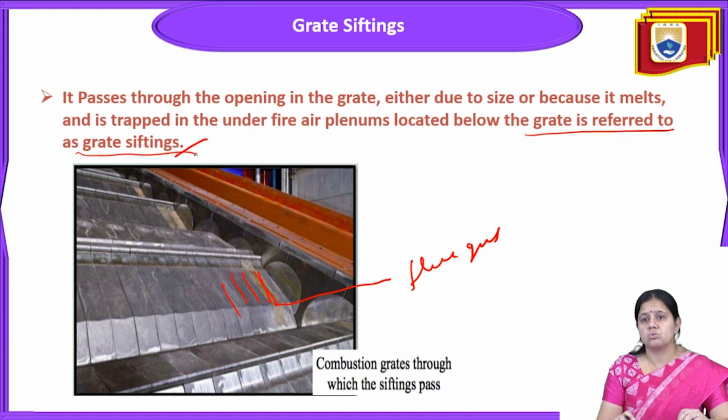So the combustion grate is the one through which the shifting passes.